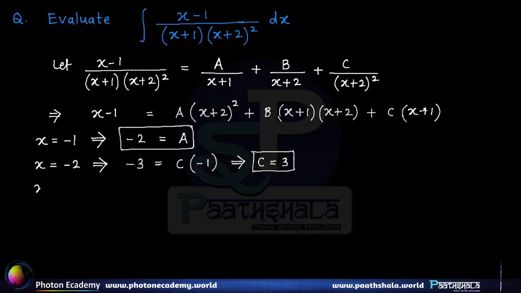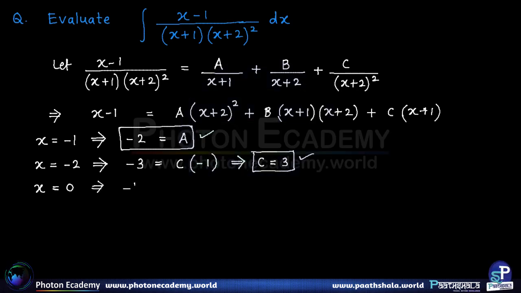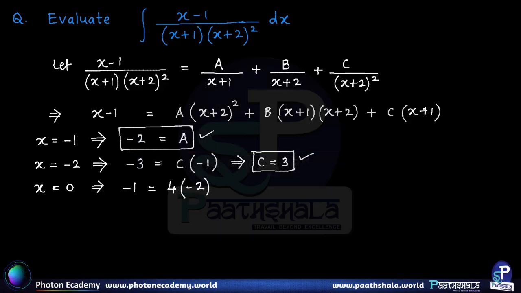Now as we saw earlier, we have to put any other simpler value of x to get the remaining constant, because now we know the values of A and C. So let's put x as 0 because that is easiest in calculations. So on the left hand side 0 minus 1 is minus 1, that is equal to, on the right hand side, 0 plus 2, that is 2 square, which is 4A, and 4 into A is minus 2 as we have already found out, correct?